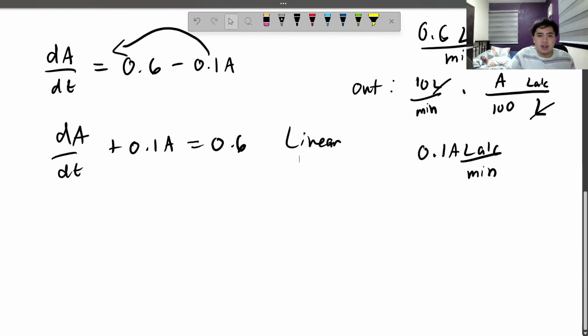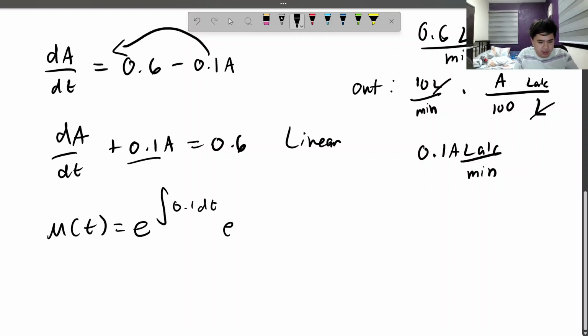And the linear special integrating factor is just e to the integral of this 0.1, and that's just a constant. So we just multiply it by t in order to get the answer, and that is going to be the special integrating factor, or the SIF.